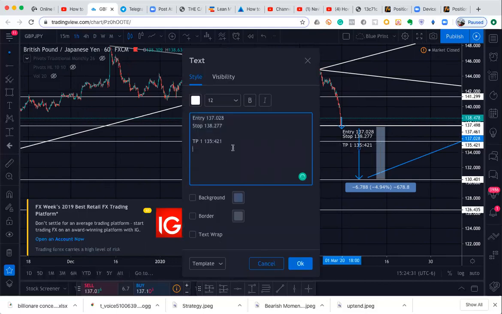Then we'll have a TP2 at 130.401. Total pips 678.8.